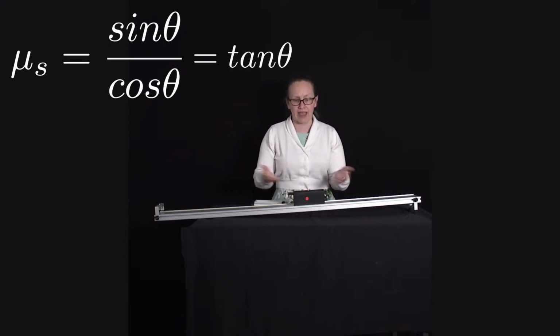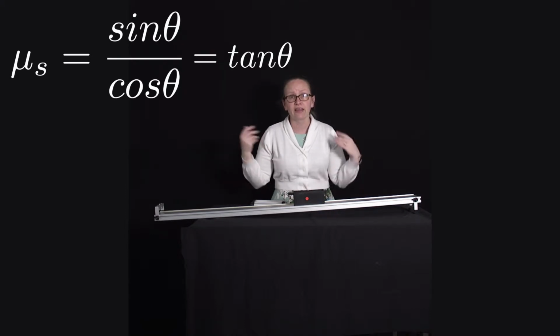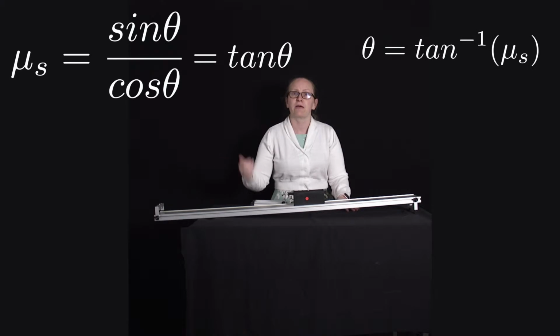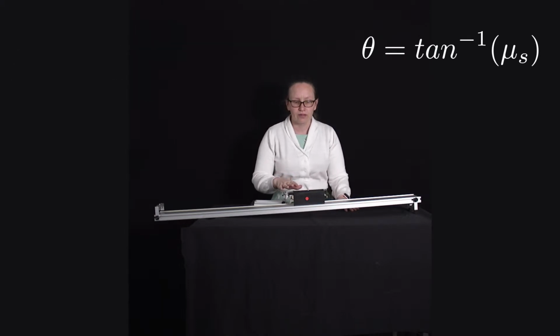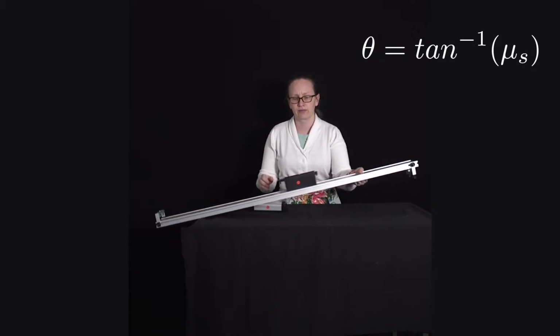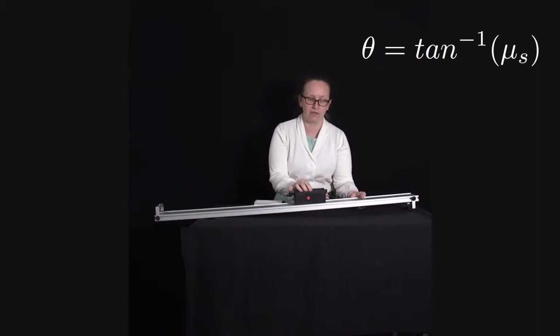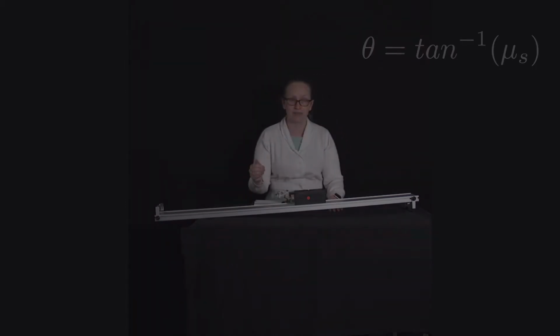So we can say the angle at which it starts sliding, theta, is going to be given by the inverse tan of μs, where μs is the coefficient of static friction for this case. So you can actually measure this for different surfaces by varying the angle and measuring the angle at which it starts to move, and from that you can calculate μs.